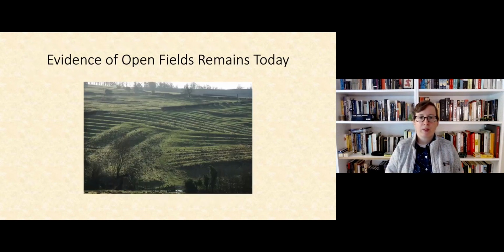That's really cool. Now, if you go to England and you go around the countryside, you will see the evidence of the strips, right? You will see evidence of the open field system, right? In, for example, a field like this one that's totally divided into strips, even though it's not used that way today.